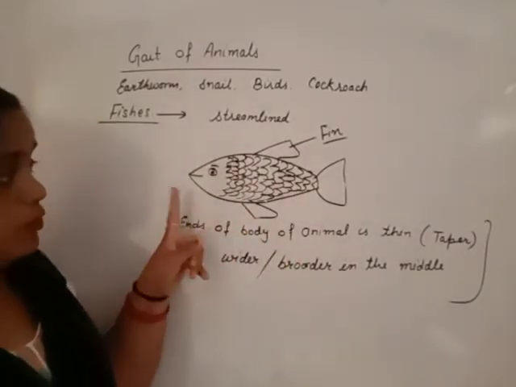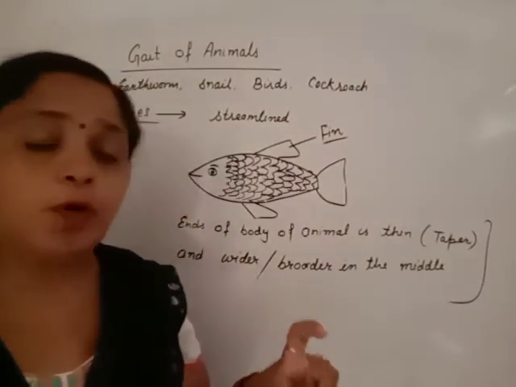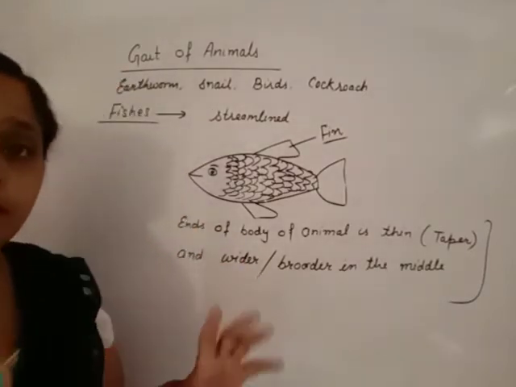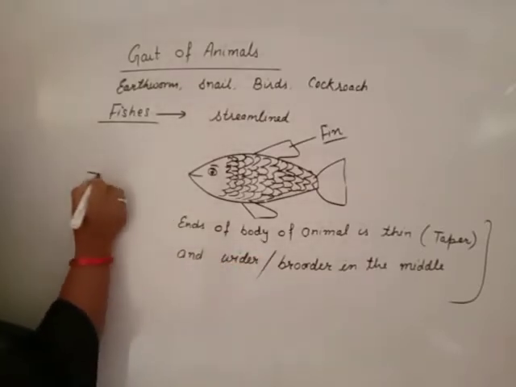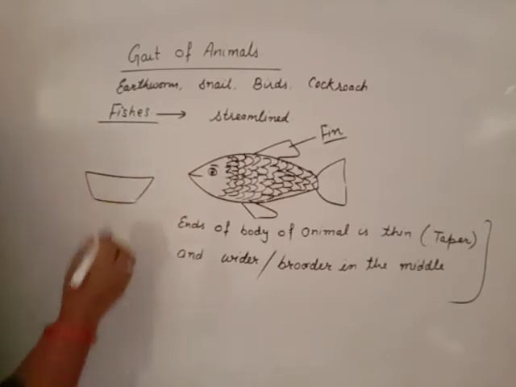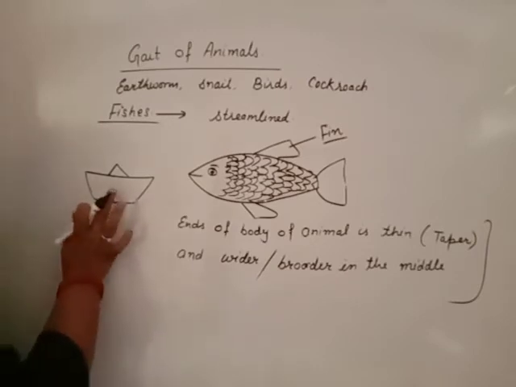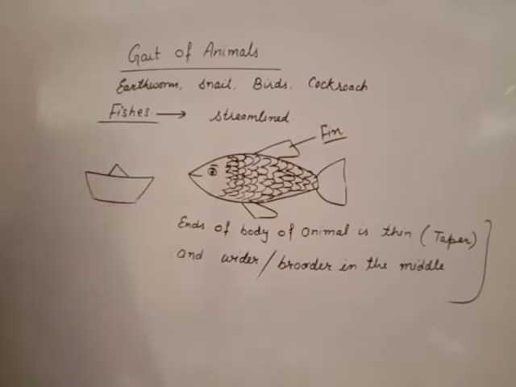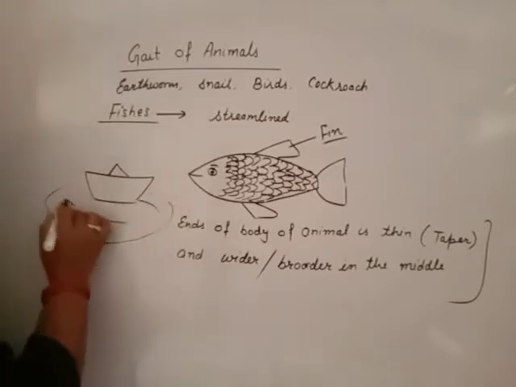Beta, you will do one activity. You will form a boat from paper. The shape of the boat is just like this when you prepare it from the bottom. You place this boat in a watered area.